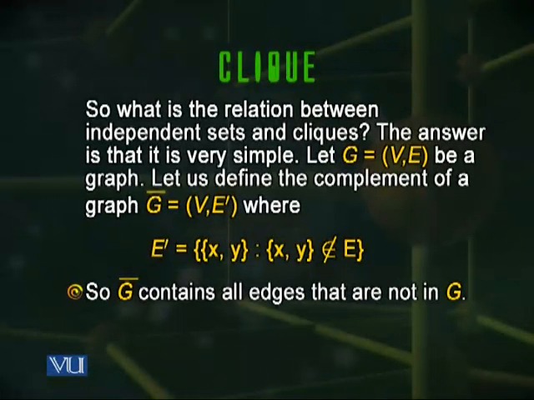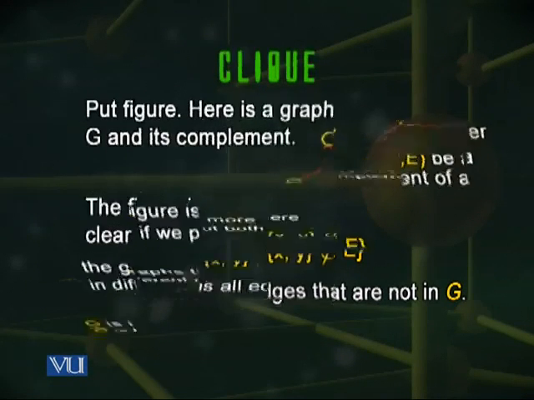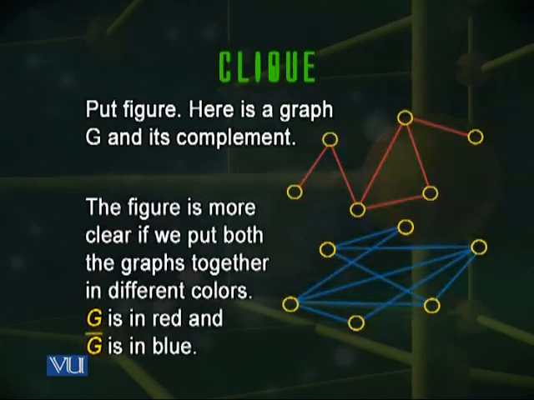The graph G complement contains all the edges that are not in G. So let's look at this concept using this figure here. Here we have a graph G, and on the side we have drawn a graph which is the complement of G. As you can see, all the edges which are in the graph G are not in the graph G complement, and all the edges which are not in G are put in the graph G complement.